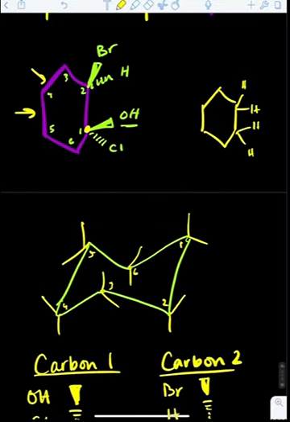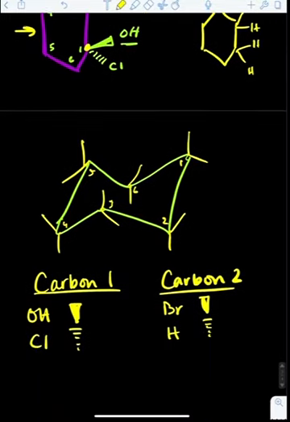And if you want to understand that better, I would suggest getting a modeling kit. You'll see how sp3 shapes really exist physically, whether the bonds are in the plane or they're going away or towards you, and it's also very useful for stereochemistry.